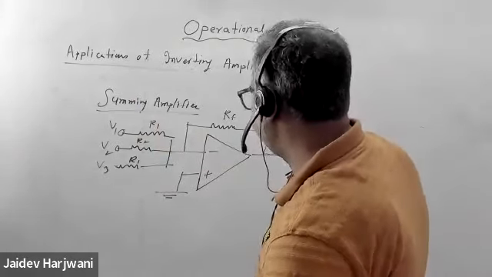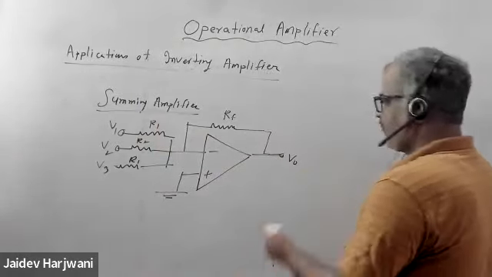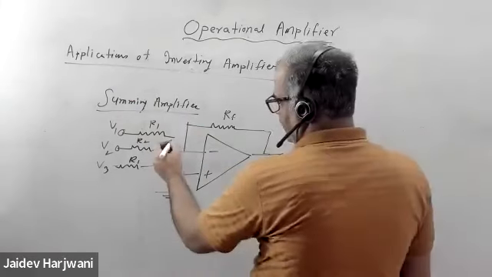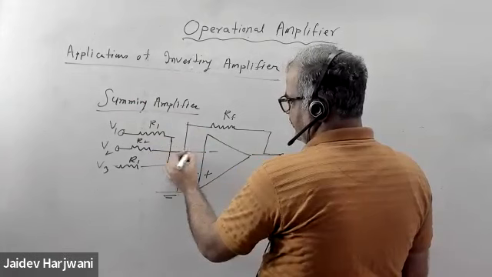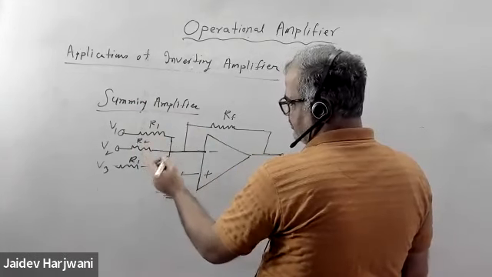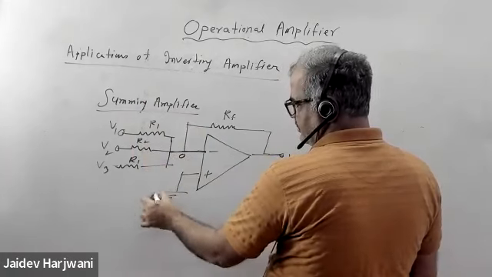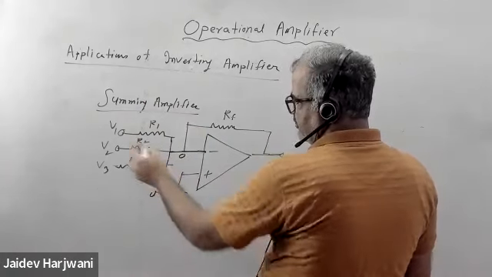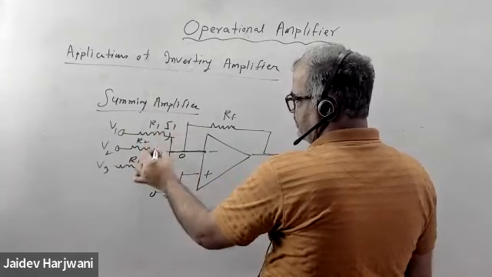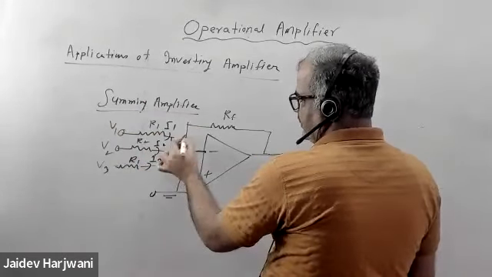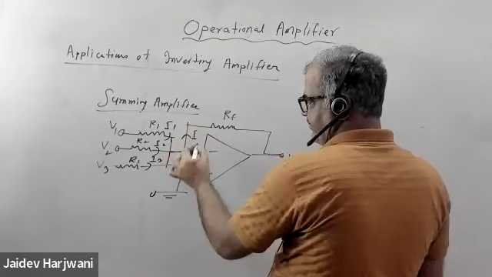So now I want to calculate what is my V output. It is very easy. Say suppose this is 0, ideal case, this will be automatically 0. Let's say this current is I1, this current is I2, and this current is I3, and total current going here, say IF.